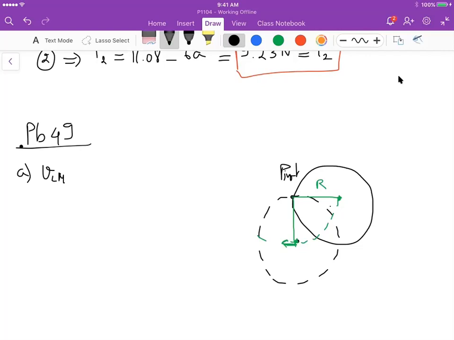However, there is a much easier way to solve this problem, where we can use an alternative approach to Newton's second law, which is the energy approach.